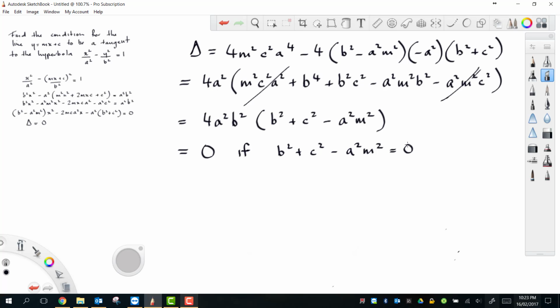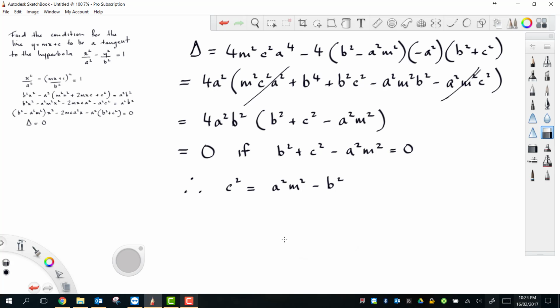And so therefore, for this line y equals mx plus c to be a tangent, it'll only be a tangent if c squared is equal to a squared m squared minus b squared. And that is the end of the question.